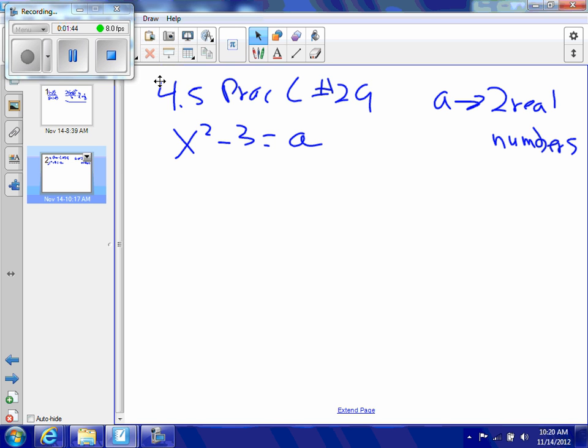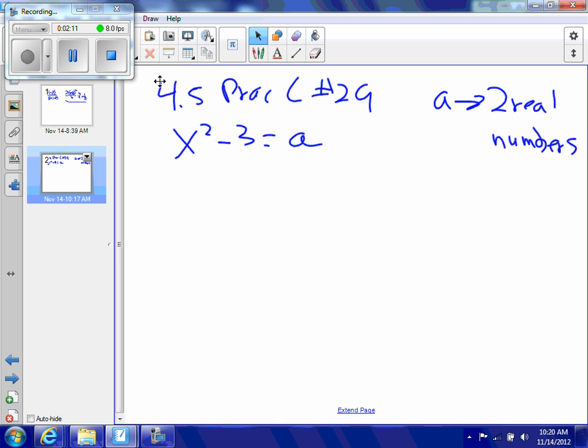Within the complex numbers, we have two main divisions: real and imaginary, I-M-A-G-I-N-A-R-Y. Imaginary numbers we're going to talk about after we're done with these homework problems, but those are things that deal with the letter i.